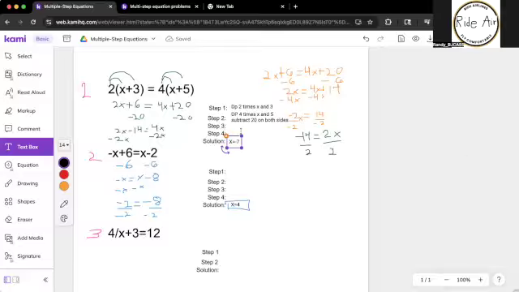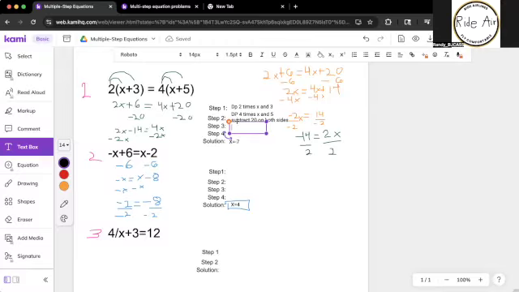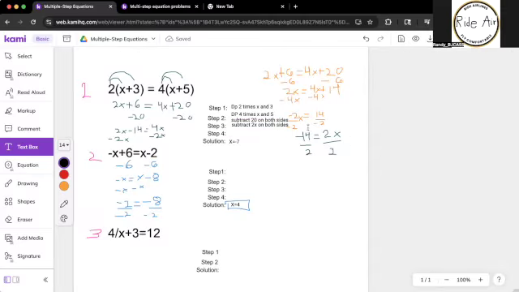Now moving on to step number 3, I will subtract 2x. Once I subtract 2x on both sides, I will get my answer as 2x equal to negative 14.